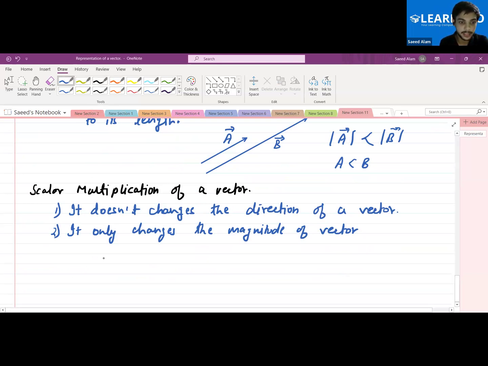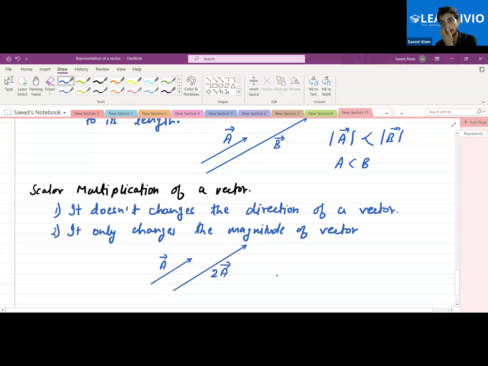Okay, now tell me one thing. If I'm representing a particular vector like this, okay, this is A, and I wish to draw a 2A, then what will I do? I'll draw the vector pointing along the same direction, but of double the length. Yes or no? Yes. So this will be called 2A.